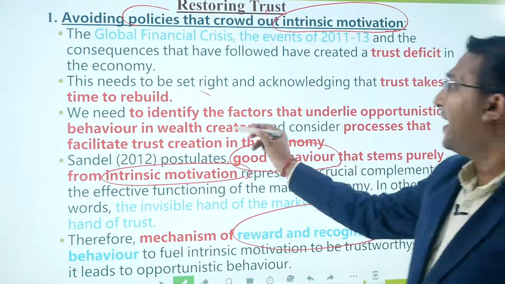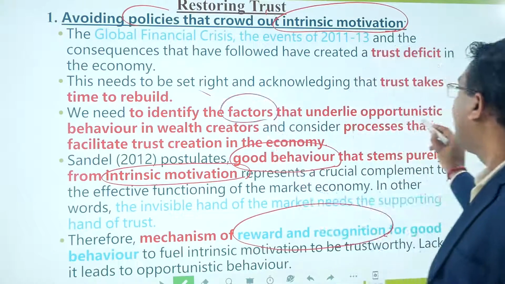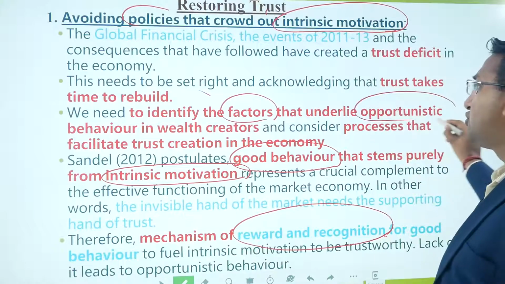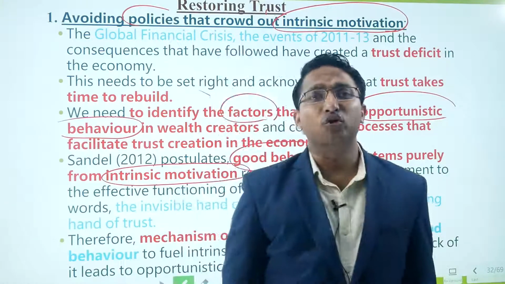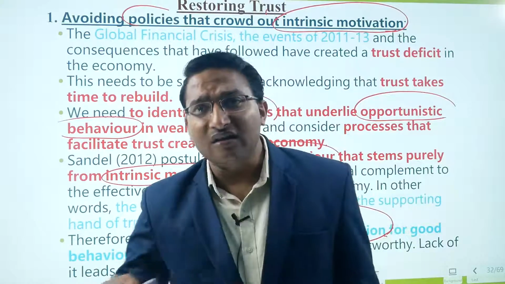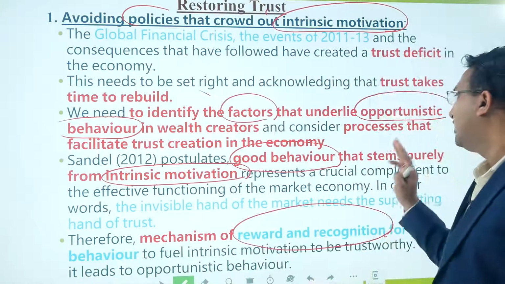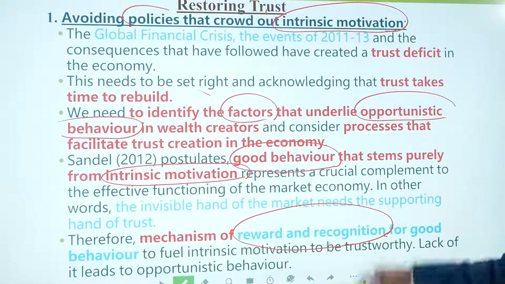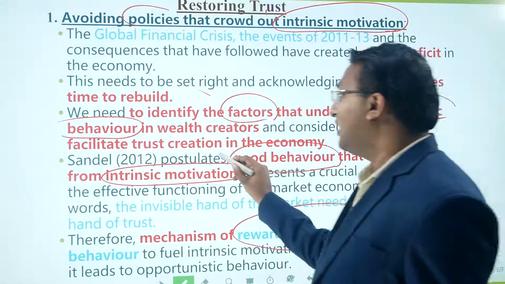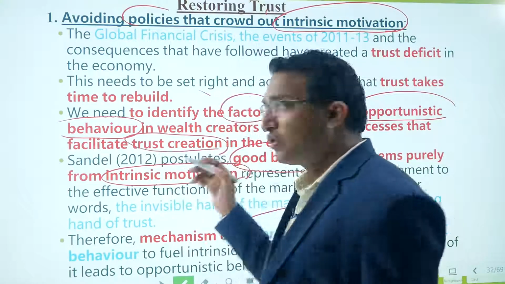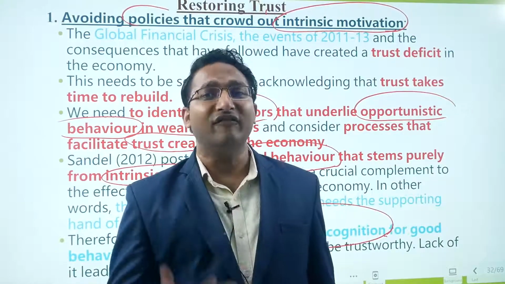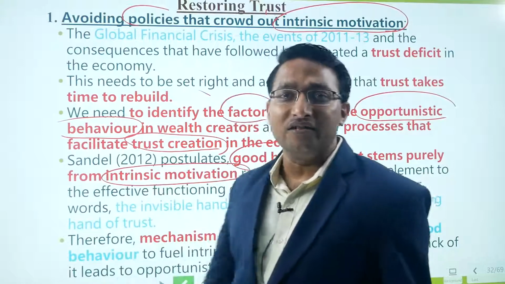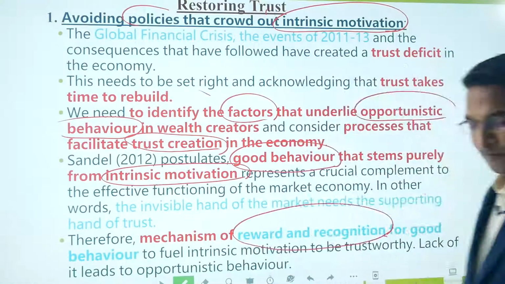So we need to identify the factors that underlie the opportunistic behavior in the wealth creator. Those factors which promote opportunistic behavior, we need to cut out, and we should consider those processes which facilitate trust creation. So we should reduce the secrecy, because secrecy promotes opportunistic behavior. We should promote transparency, because transparency promotes good behavior.